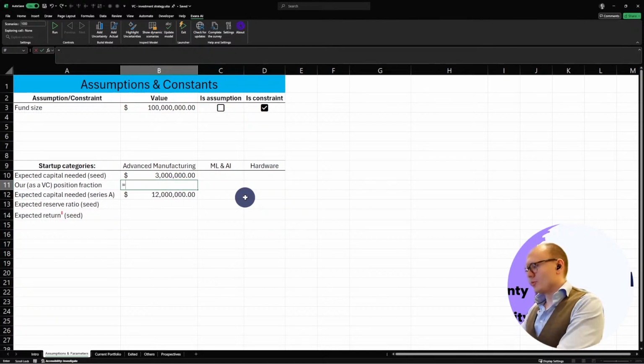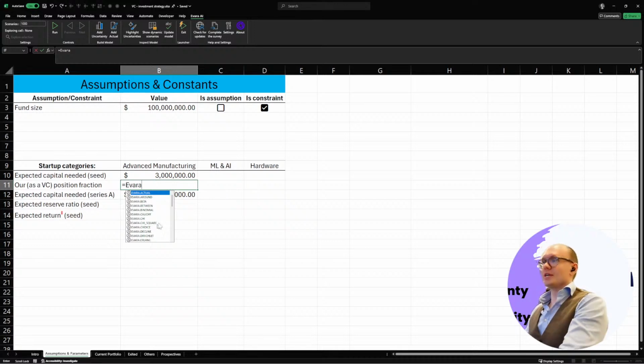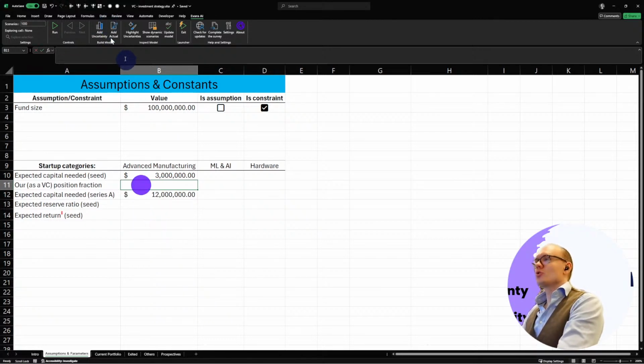at this point. So in this case, as a VC, our percentage fraction, let's just say that we expect this to be somewhere around, now we're going to do Evara. You can see here we have a lot more to choose from. But let's say it's going to be around, and here we'll use a clever alternative. So actually, I'm just going to show this. This is a good point to do this.